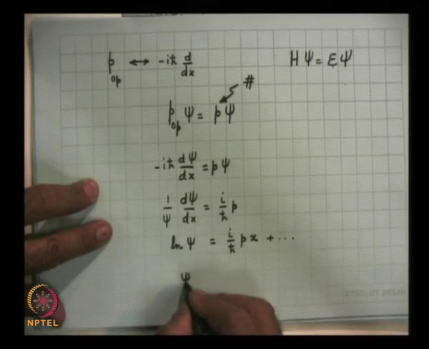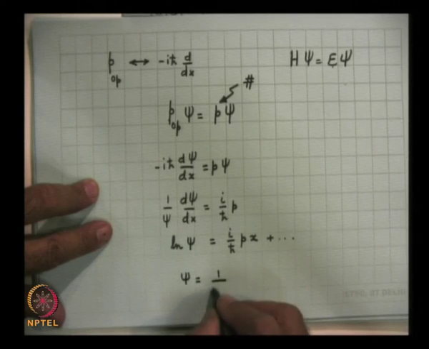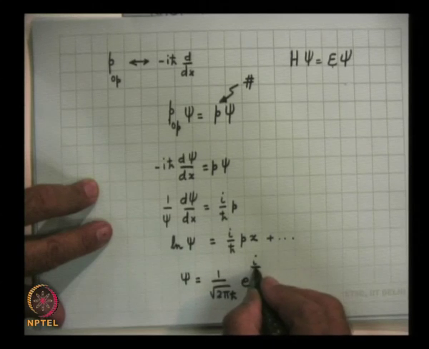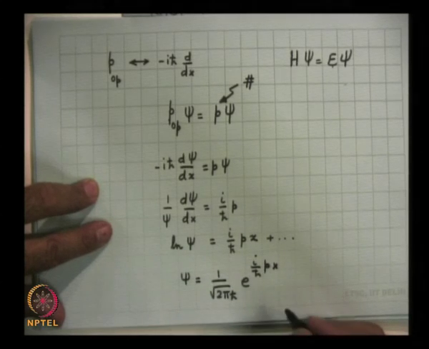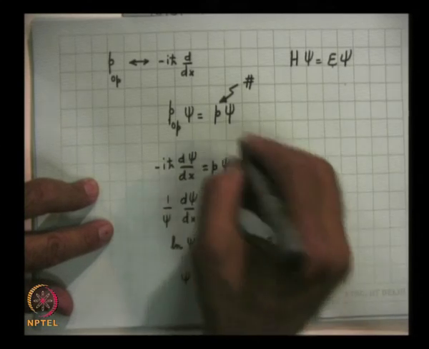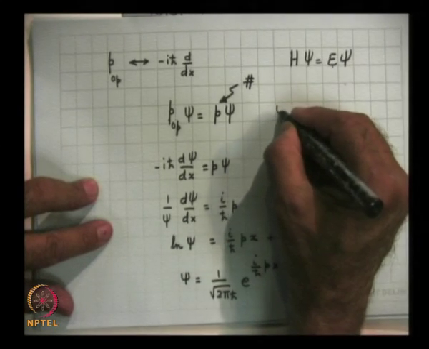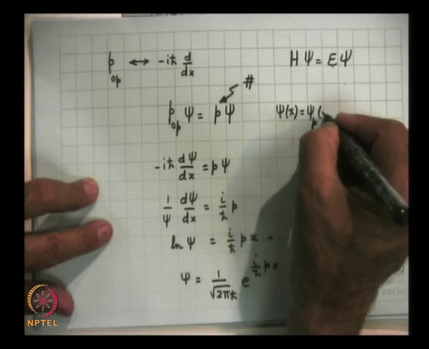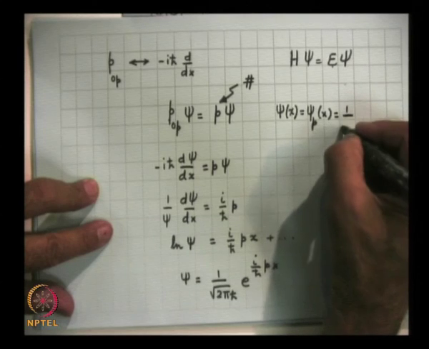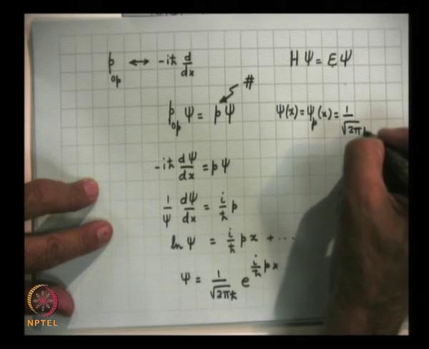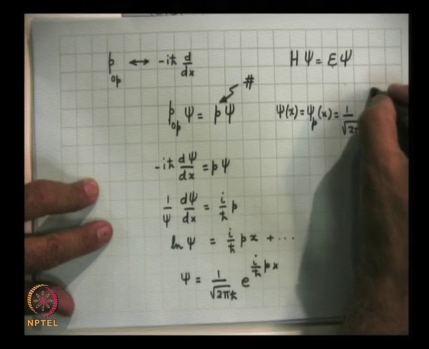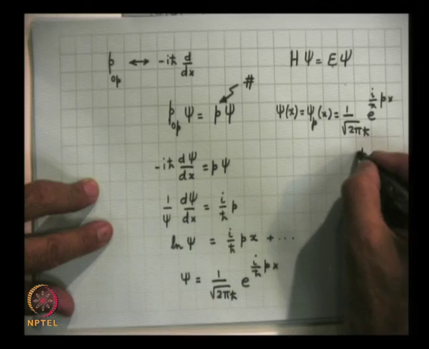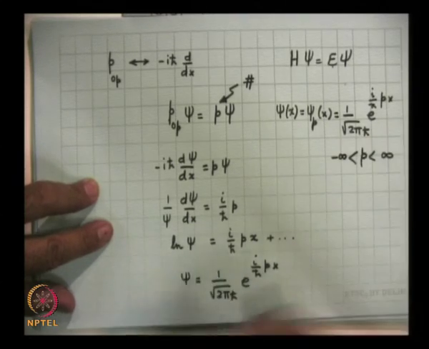So, psi becomes, with the constant I will choose as 1 over under root of 2 pi h cross, e to the power of i by h cross p x. These functions psi of x, I write as psi p of x, with the factor 1 over root 2 pi h cross e to the power of i by h cross p x, where p can take any value from minus infinity to plus infinity.